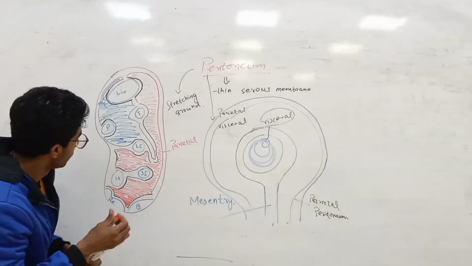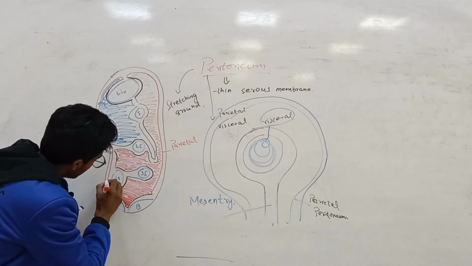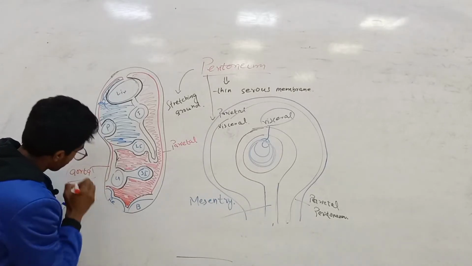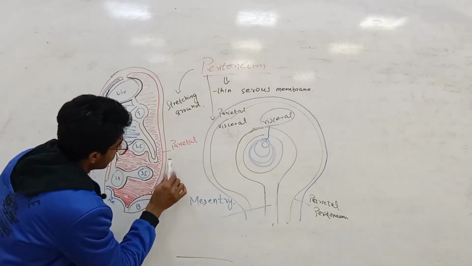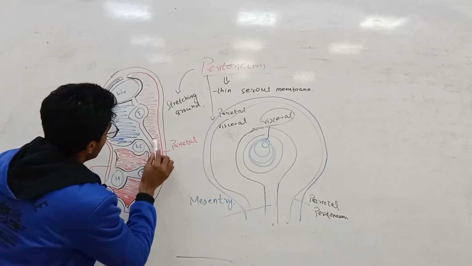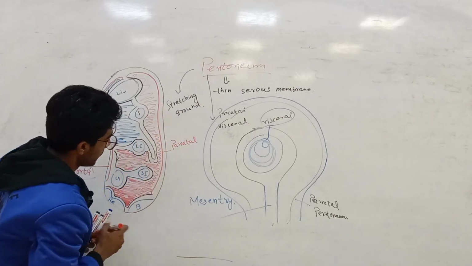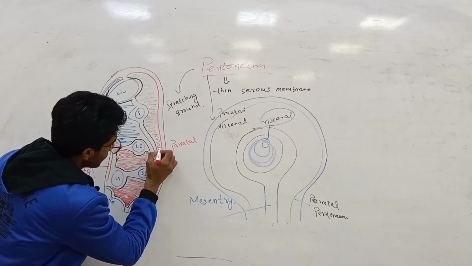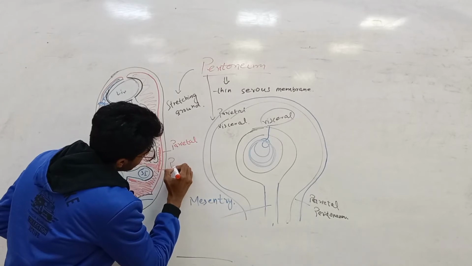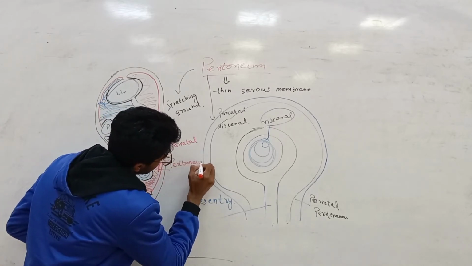And in this region, there is a blood vessel, which we call the aorta. The parietal peritoneum and visceral peritoneum. In this region, the middle area is called the peritoneal cavity.